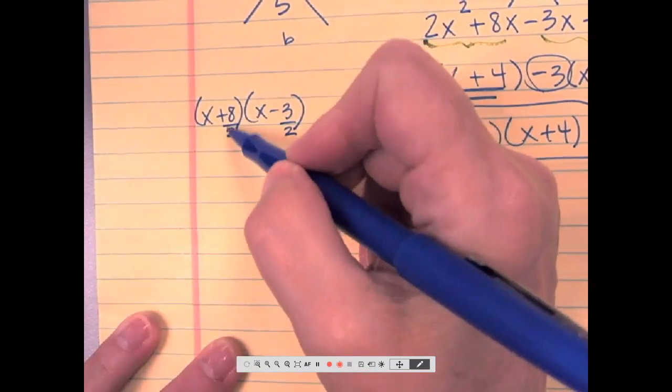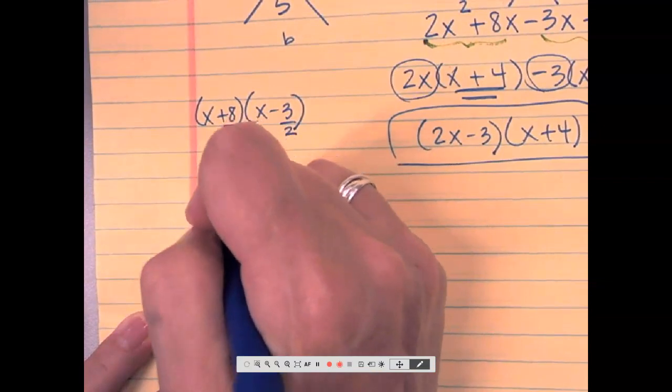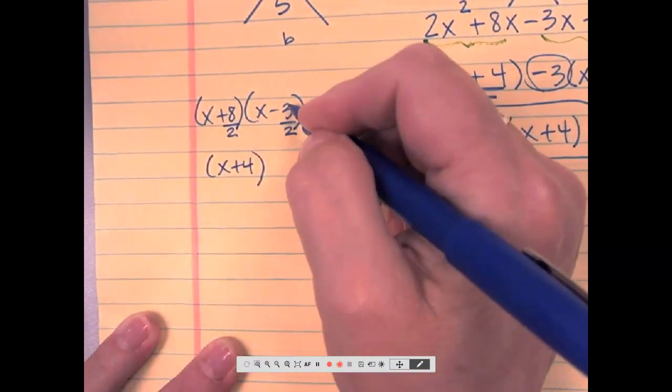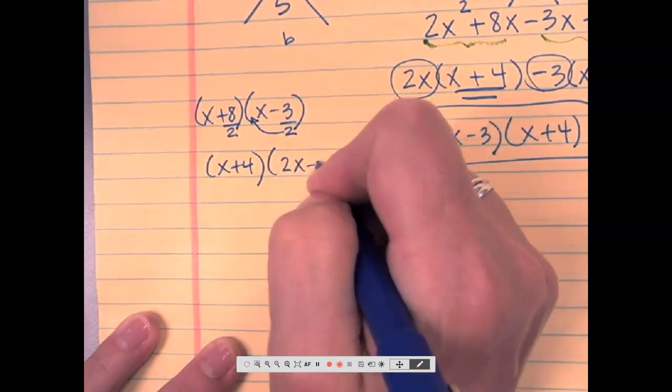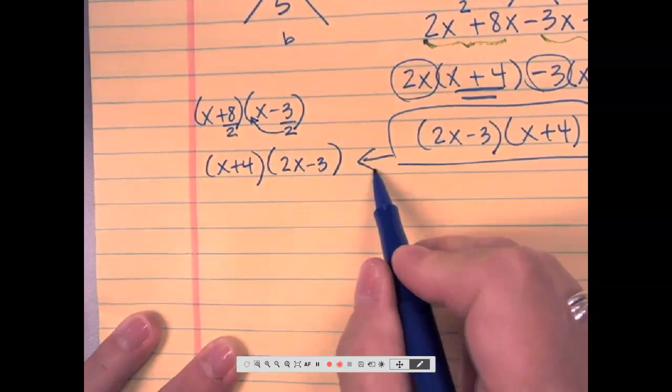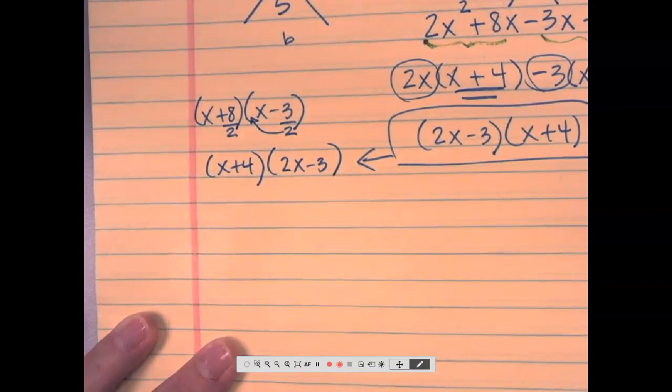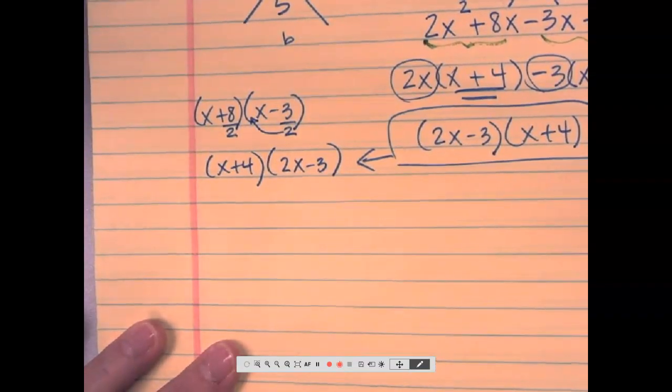If it reduces, we reduce it. That becomes x plus 4. If it doesn't reduce, then that number comes up in front. Got the same thing. Okay, is that the way y'all did it? Okay, there's 3 options. Where y'all learning these things? You figure out which one works for you and just do that one method.